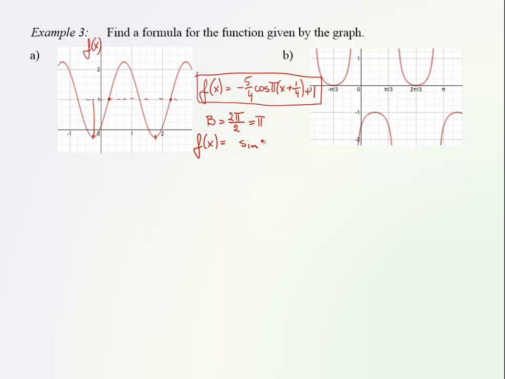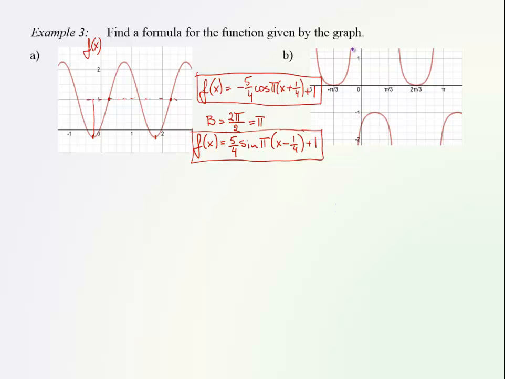So we have sine of pi, and the shift is positive 1/4, so we'll have to have x minus 1/4. The midline is also 1. No change here. The amplitude is still the same, 5/4, but there's a positive sign. So either like this or like that would work. And you're welcome to plug it in both formulas to the calculator and see that they really produce the same graph.